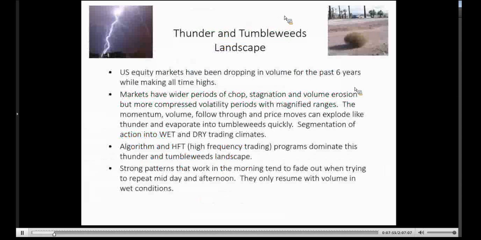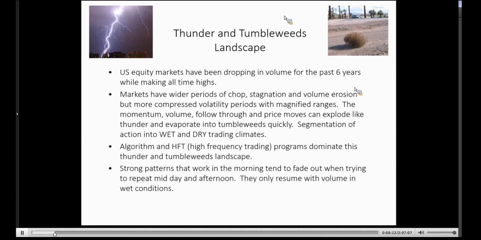All right, so going back to what I was talking about regarding the landscape and the environment, things have changed dramatically, especially with the advent of the algorithm programs and the high-frequency trading programs that are hitting the spotlight.